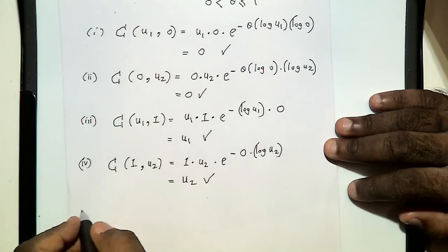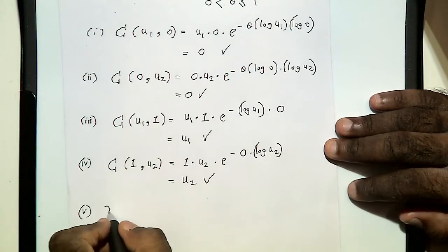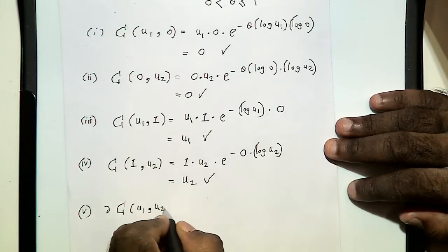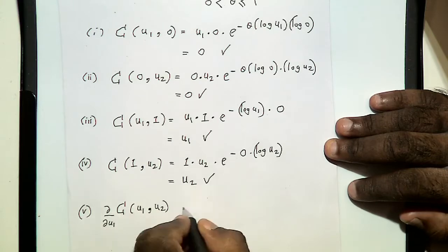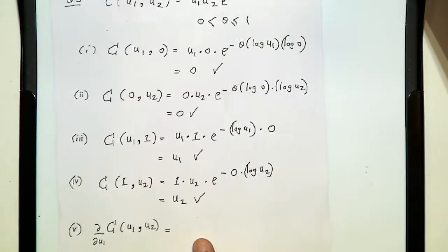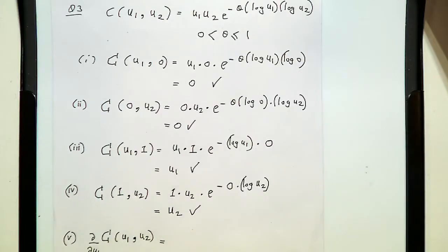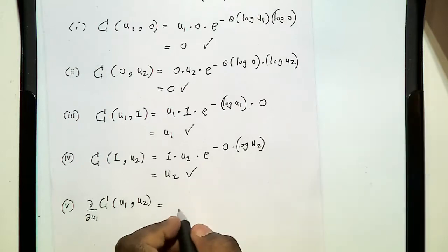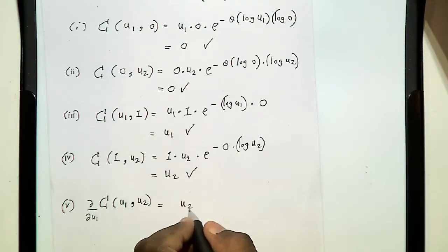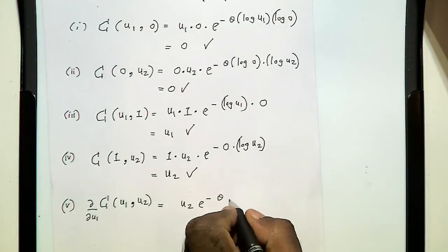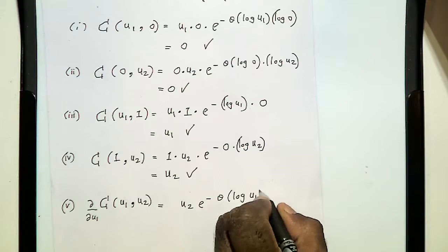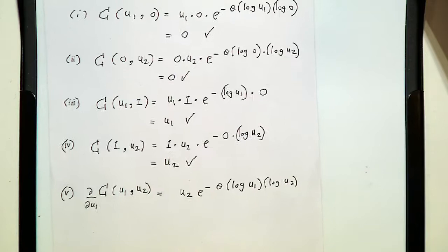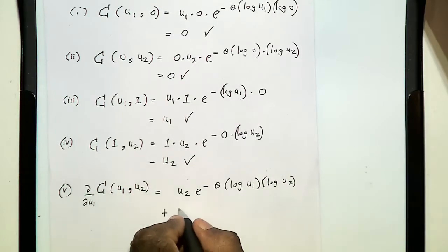Now condition 5 and 6 are a little bit tricky, so let's see how we can do those. Alright, now in order to differentiate this with respect to U1, you need to use the product rule, right? So you're going to have E^U2, and then plus U1 U2.